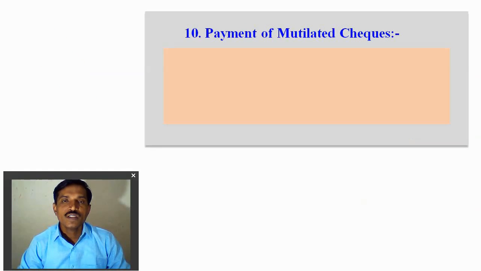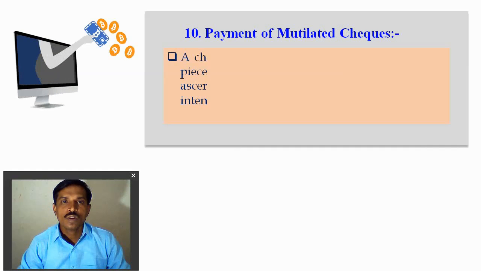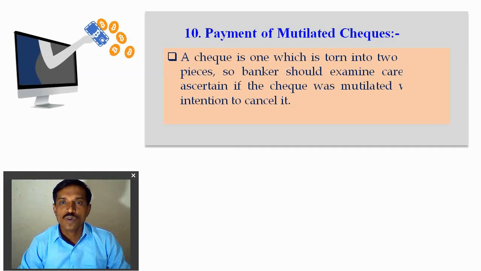The next is the payment of mutilated checks. A mutilated check is one which is torn into two or more pieces, sometimes damaged by the customer or by mistake. The banker should carefully ascertain whether the check was mutilated with the intention to cancel it.